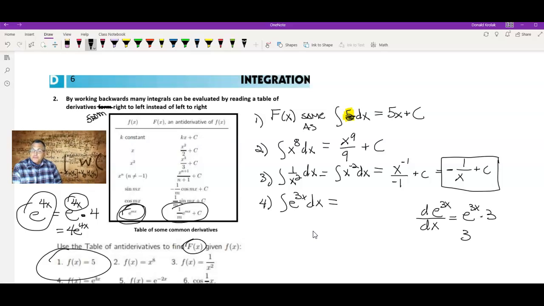That would be 3e to the 3x. But I don't want that. I want it to be just e to the 3x. So what I need is some way to get rid of that 3 that's out front. So I would do that by dividing my original by 3.